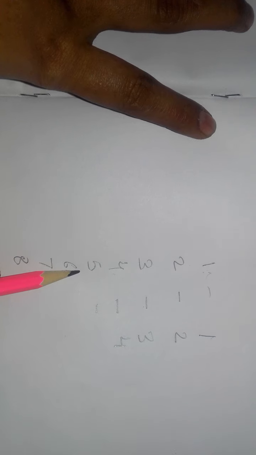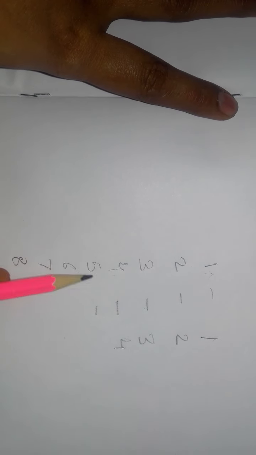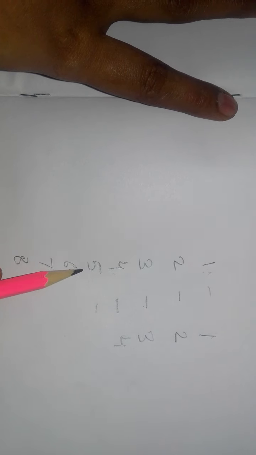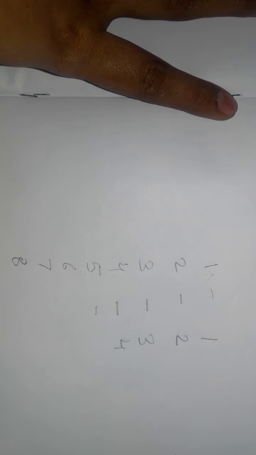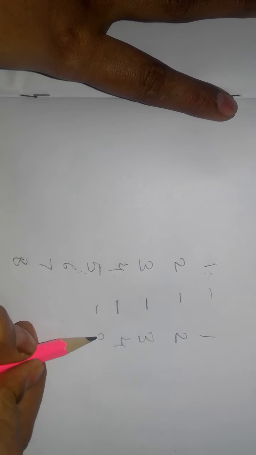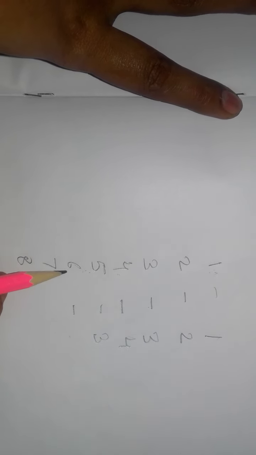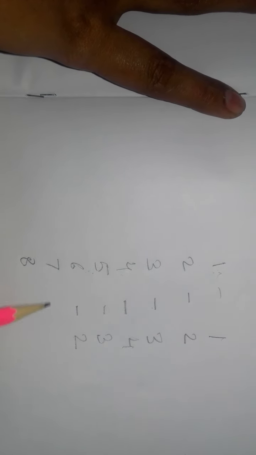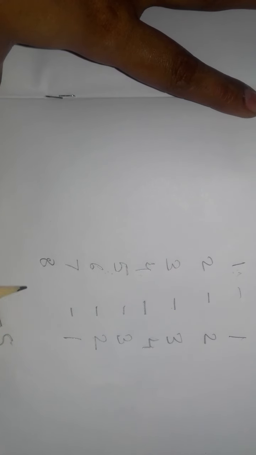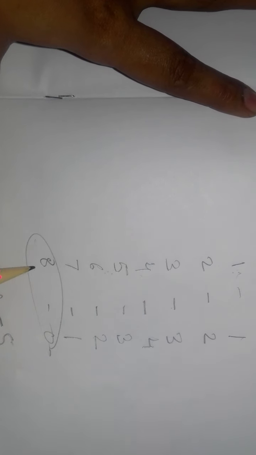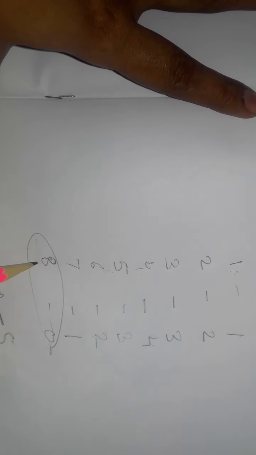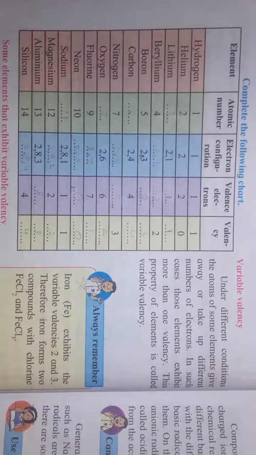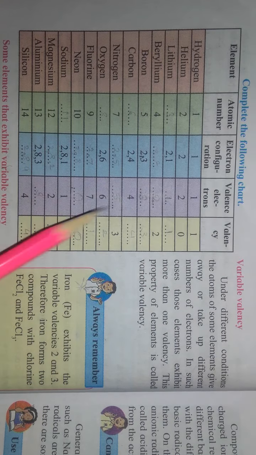But whenever the outermost electrons are 5, then we should subtract 8 minus this number 5, so valency is 3. Then 8 minus 6, valency will be 2 only. Then 8 minus 7, valency will be 1. Okay, and then here there is no valency, because the outermost orbit has 8 electrons. So by that rule you fill up this chart.